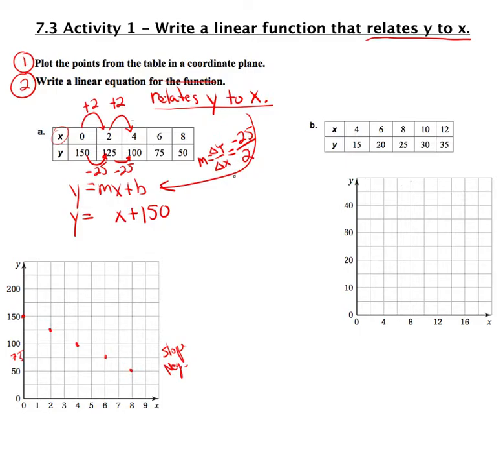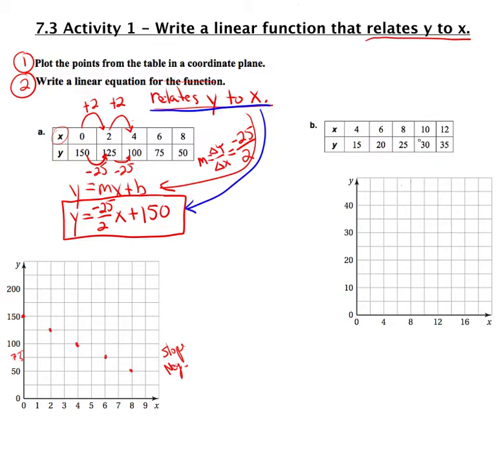You want to make it into an improper fraction or a mixed number, but because it's slope, we can just put it right in our equation. As long as there are no common factors there, we are good to go. So here's our equation. y equals negative 25 over 2 x plus 150. And again, that relates y to x right there. That is our equation that relates y to x.